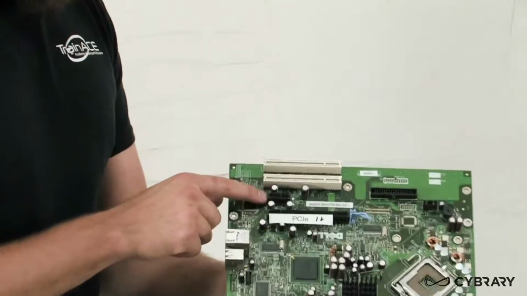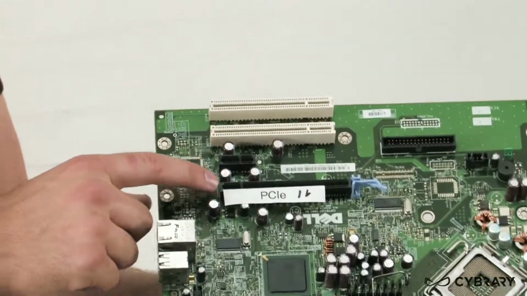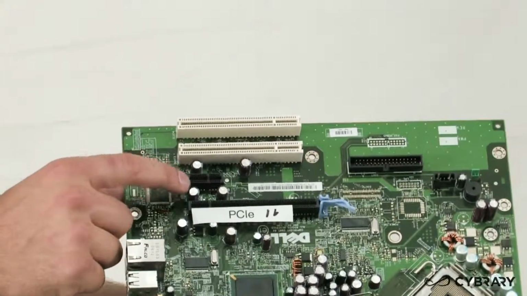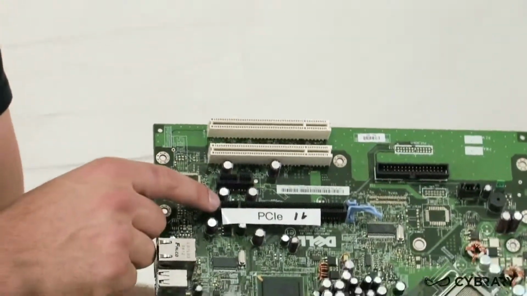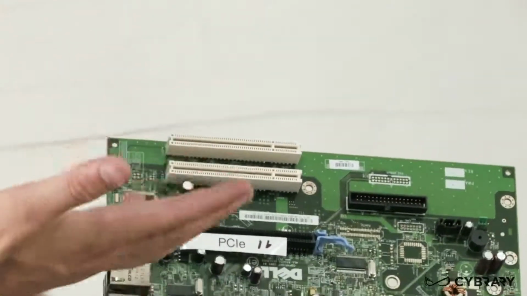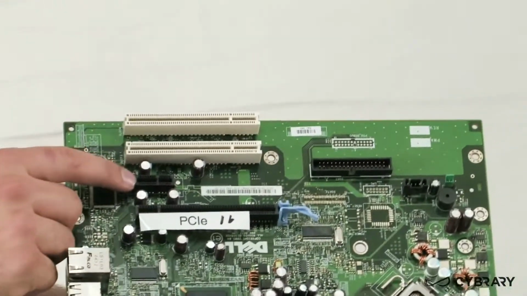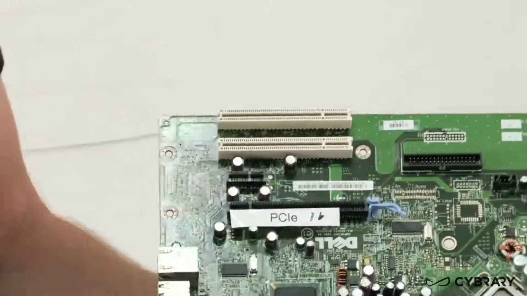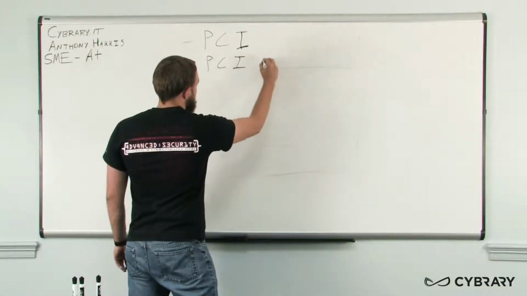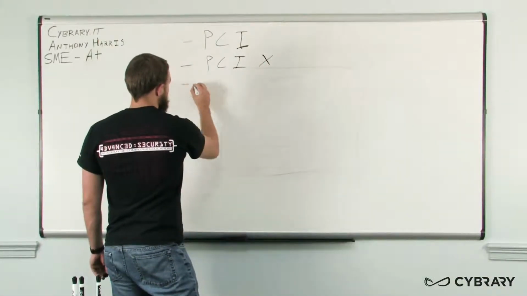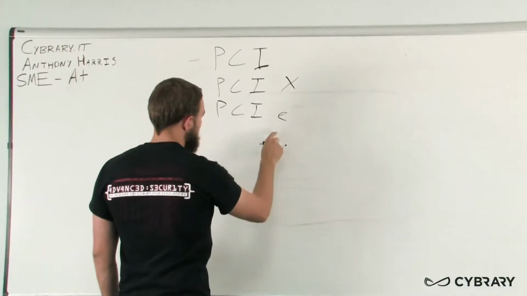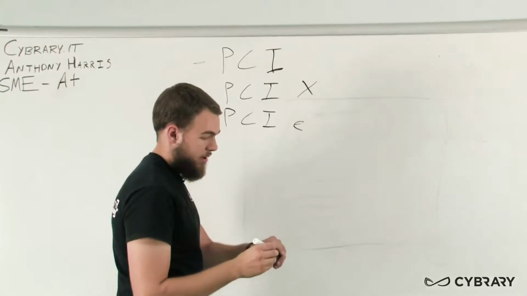If you have an X1 card, but only X16 slots, the X1 card will fit into the X16 slot. But obviously it won't work the other way around because the X1 slot is a lot smaller and the X16 cards won't even fit in there because of their size. So just so we have it written down, we have our PCI, our PCI-X, and our PCIe for PCI Express.